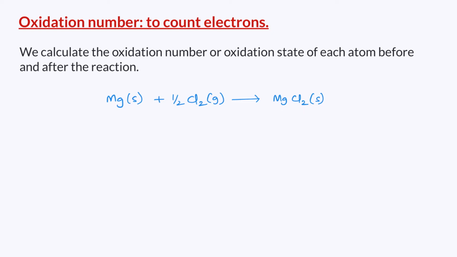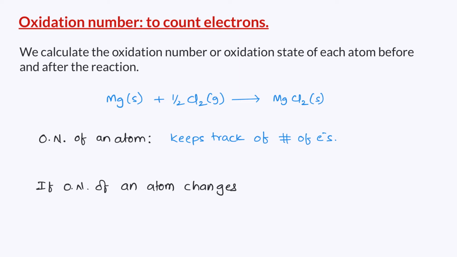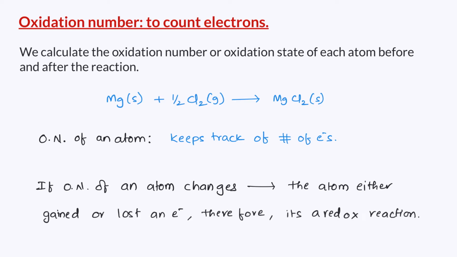The oxidation number of an atom helps us keep track of the number of electrons in an atom. If the oxidation number of an atom changes in a reaction, then we can say that the atom is either gaining or losing electrons, and therefore it is a redox reaction.